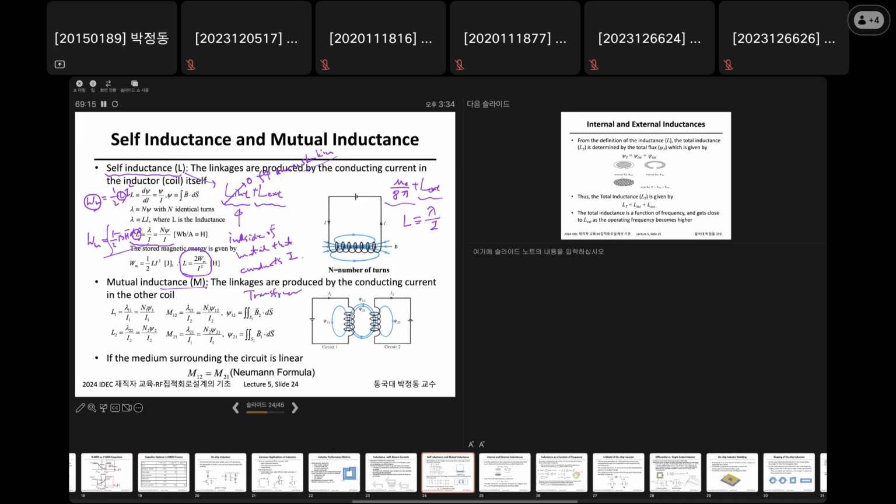Each coil has its own flux generated by conducting current.